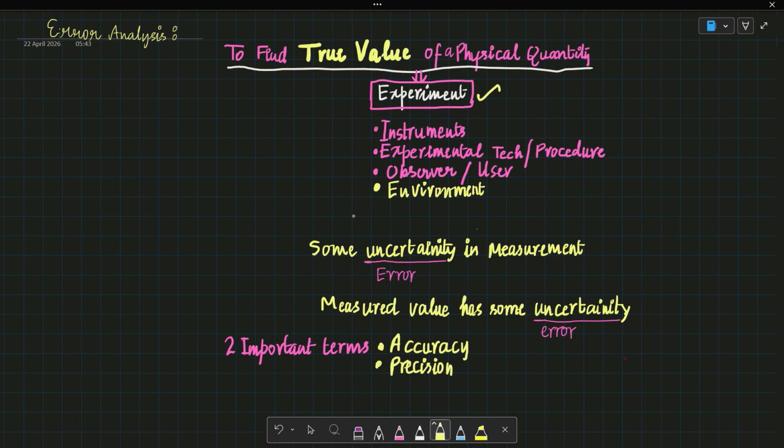And we know that when we perform an experiment, it will include an instrument to take the reading and some experimental procedure that we have designed to take the observation. And then there will be an observer, or you can say a user, who will be taking the reading or observing the experiment.